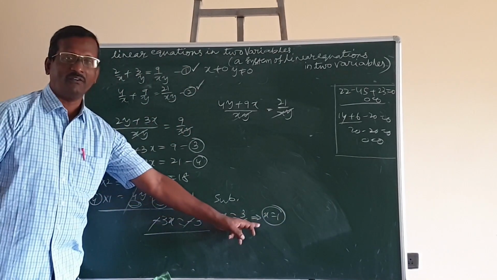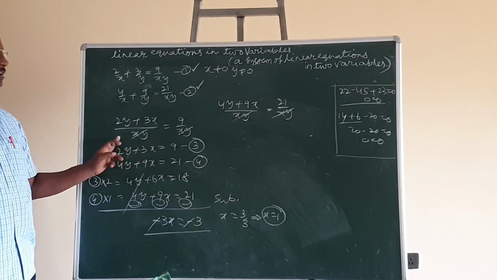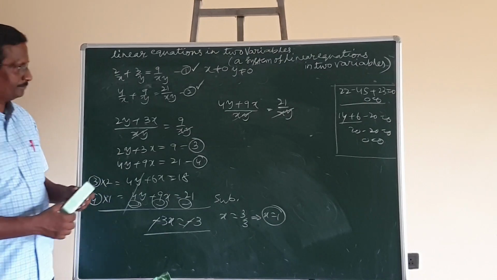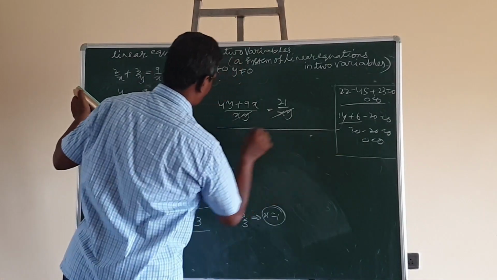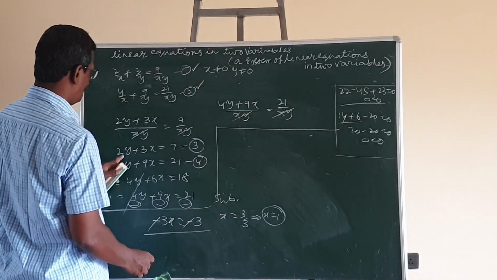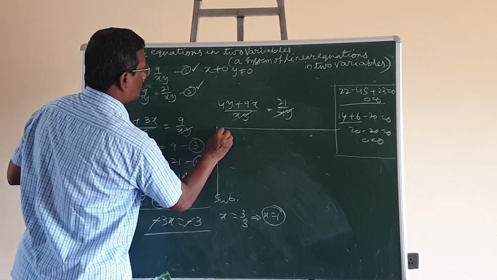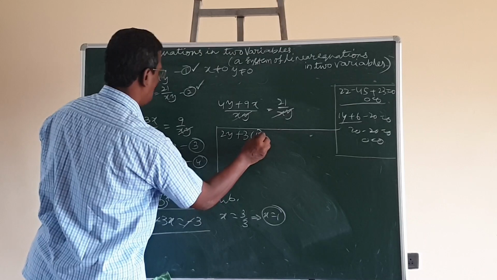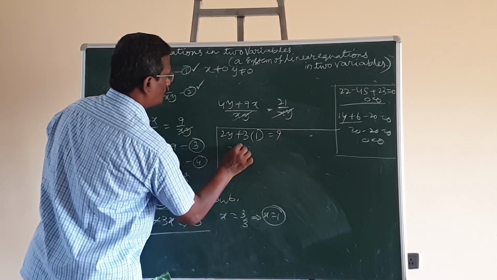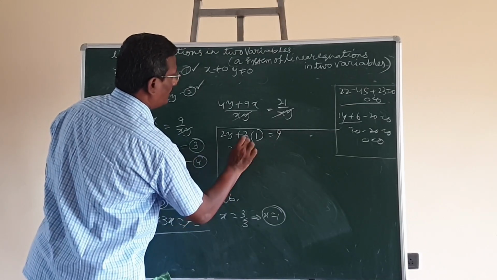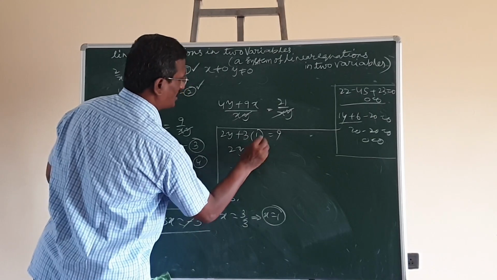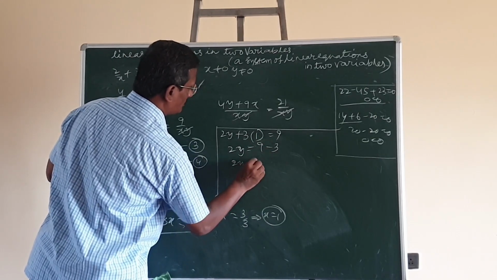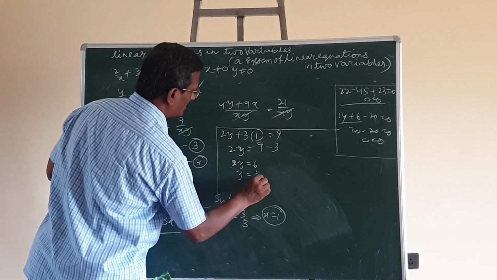After getting the value of x, substitute in one of the equations and get the value of y. For that, 2y plus 3 into x value we got, 1, is equal to 9. 2y plus 3 into 1, 3 is shifted to the right side. 9 minus 3, 2y is equal to 6, or y is equal to 6 by 2.